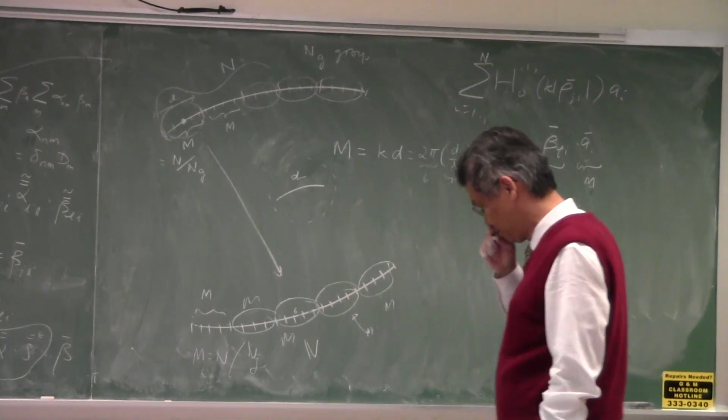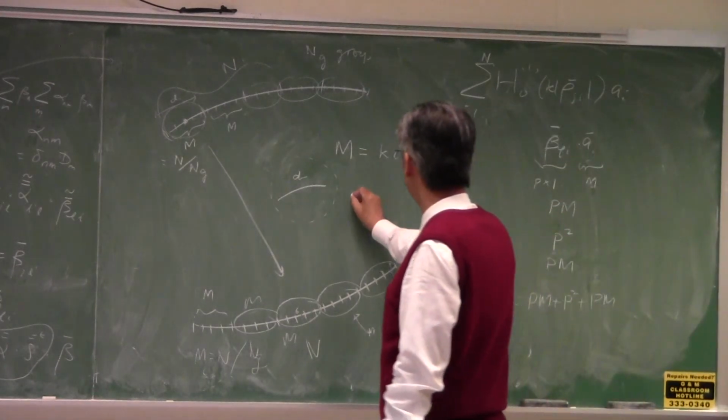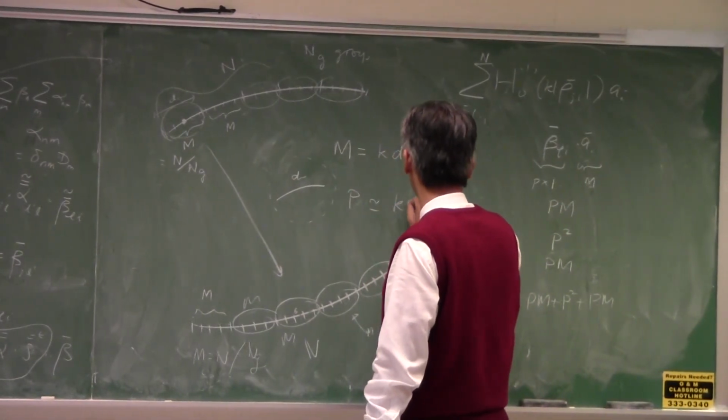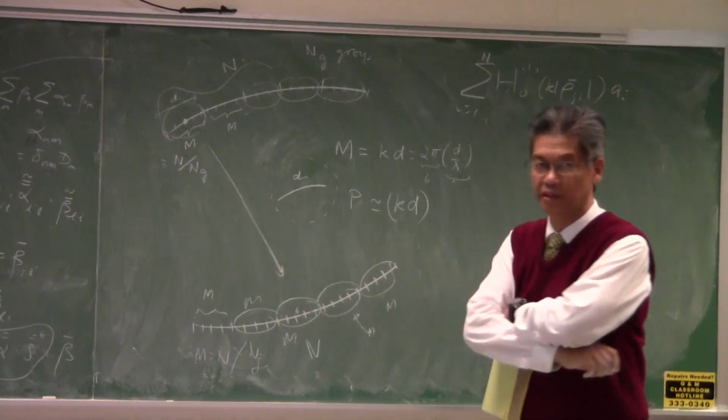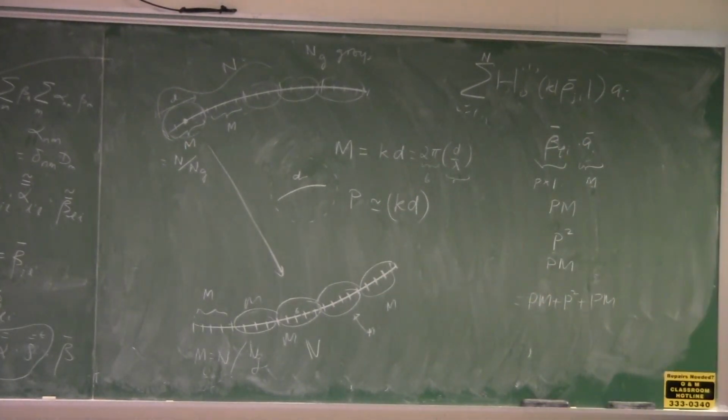Let's see how I can argue this more precisely. But what it says is that P is also proportional to kd, is what I'm trying to argue. That is, if the group size is large compared to wavelength, I need more multipoles to represent it.